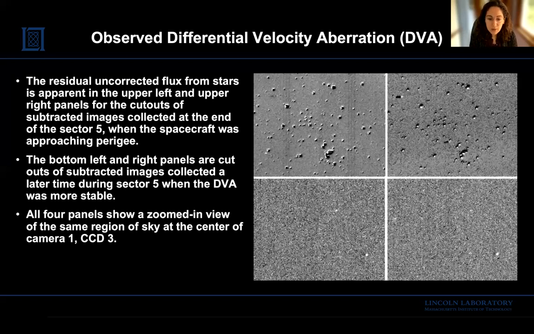And these are the same CCD, same position, camera 1, CCD 3, sector 5, just at different times in the orbit. So just understanding where DVA is coming from and what its effect looks like helps us to mitigate it. But it can't be entirely removed because it's different across the field. So it's a function of field angle, therefore it can't be subtracted from all places at all times simultaneously.